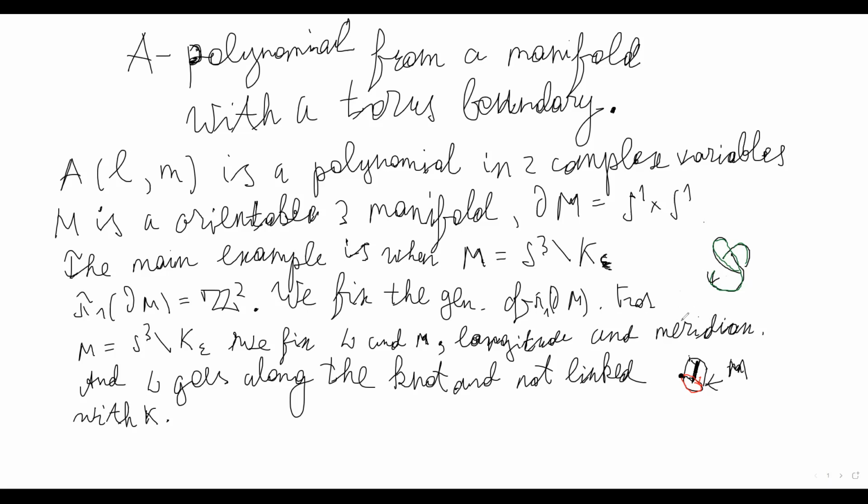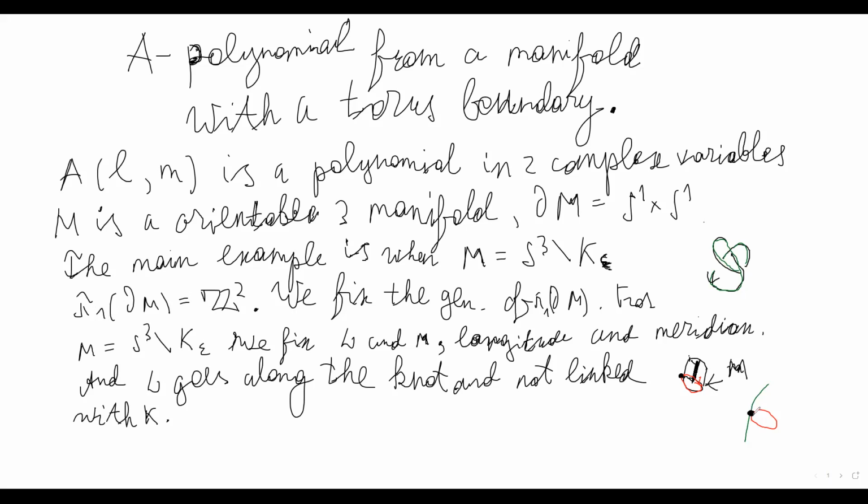And if we orient the longitude somehow, then the meridian we should orient in such a way that, let's draw it, we have the longitude and the meridian, and they intersect at the point where we took a base point, pi1 of M with base point x0.